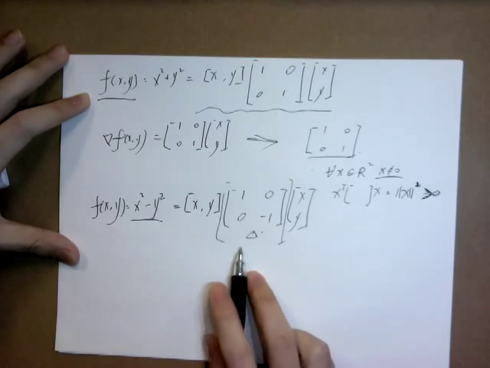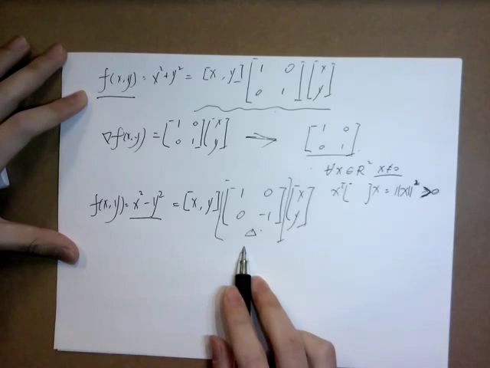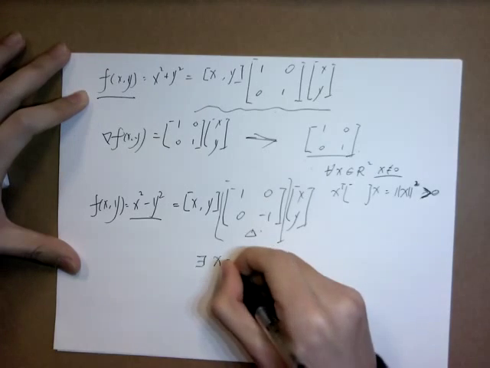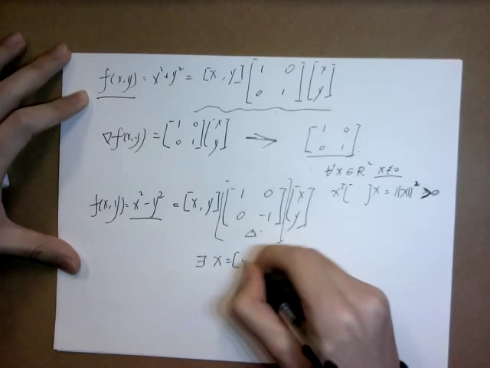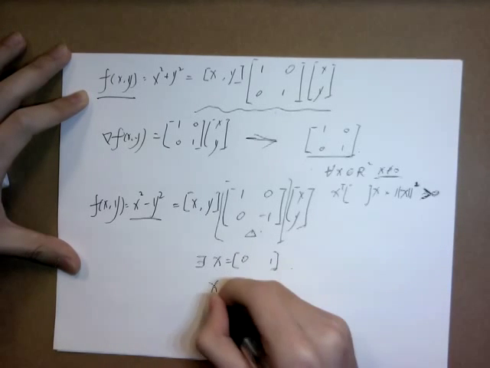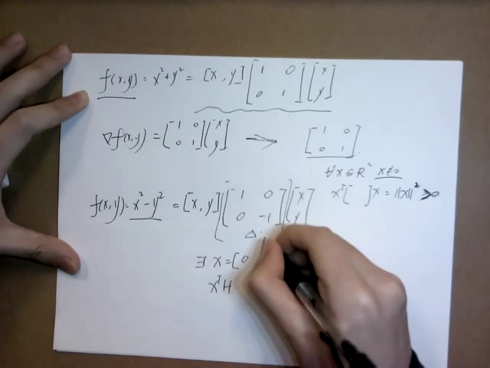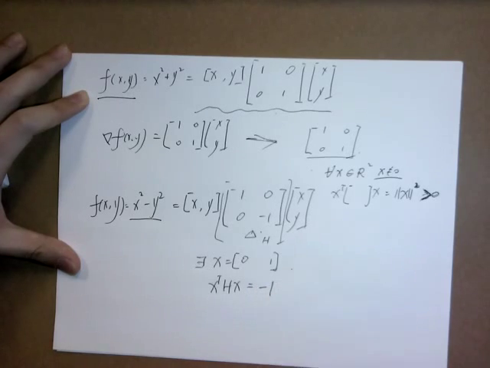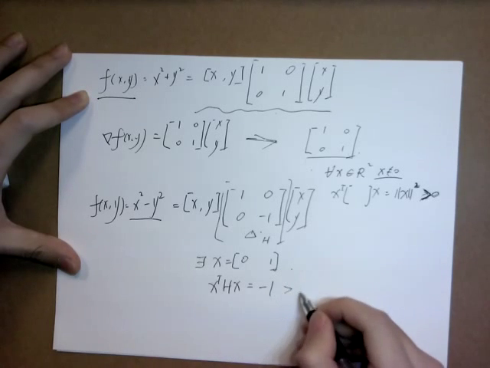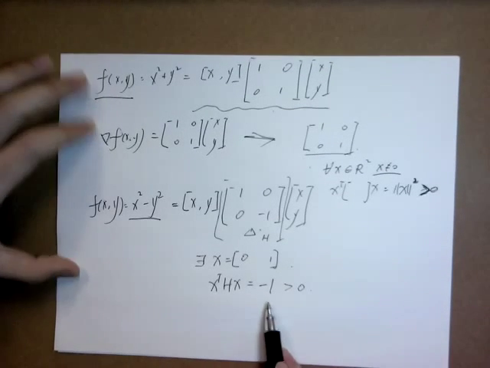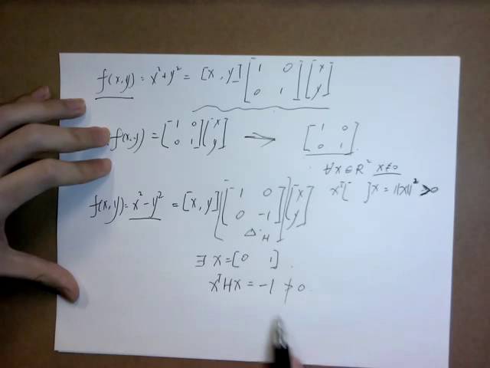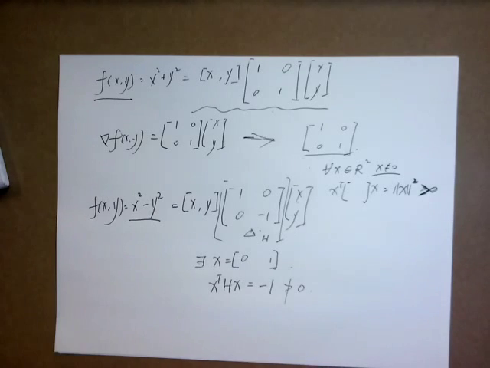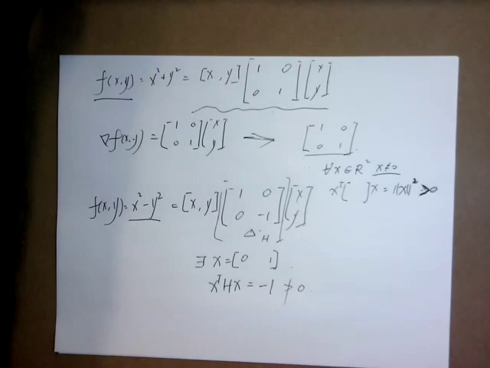This matrix is not positive definite anymore, because there exists a non-zero vector, like x equals (0, 1), for which x transpose H x equals negative 1, which is not larger than 0. So we can't find a global minimum for this kind of function.